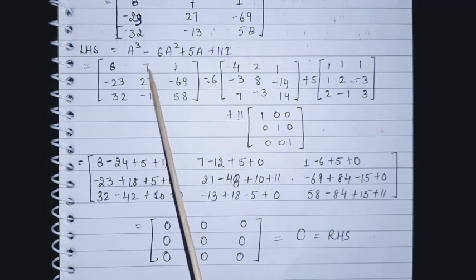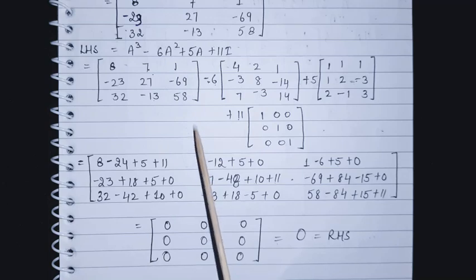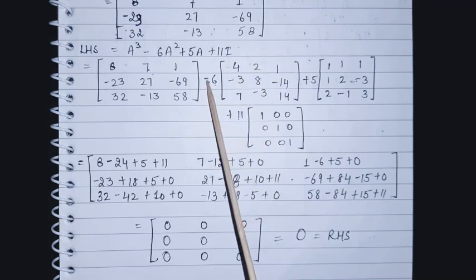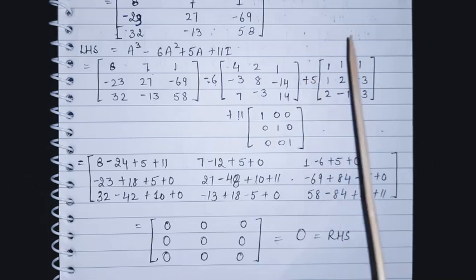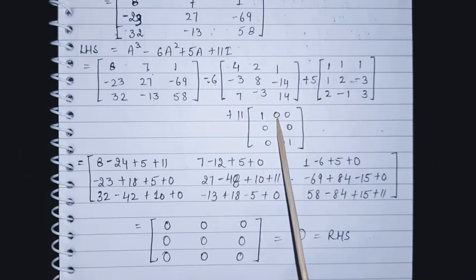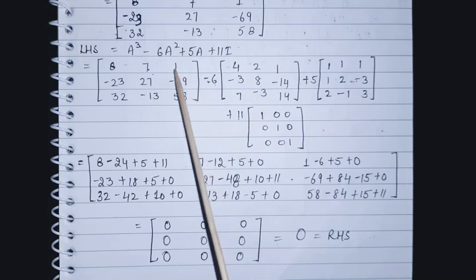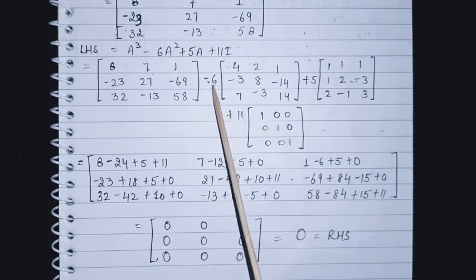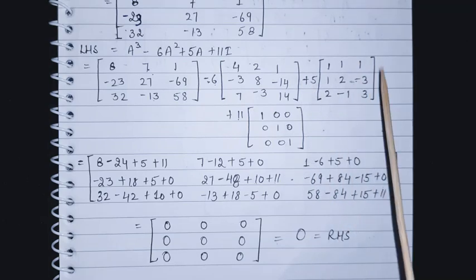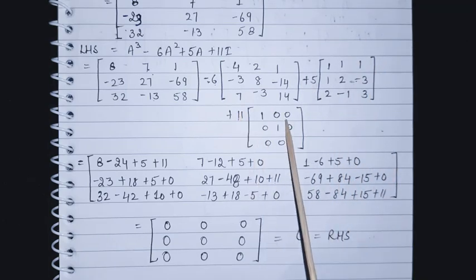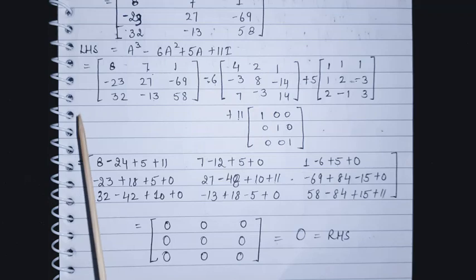So the next element will be 7, and the second element will be minus 6 into 2, which is minus 12, plus 5 into 1 is 5, and 11 into 0 is 0. Now the third element, 1, minus 6 into 1 is minus 6, 5 into 1 is 5, and 11 into 0 is 0.